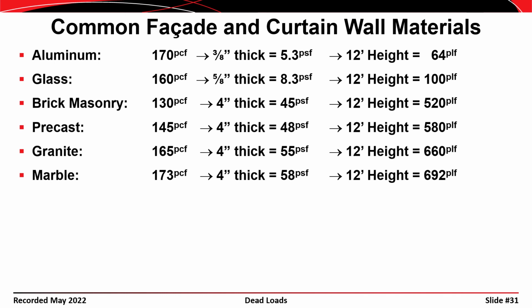Now, obviously, you couldn't have a solid granite facade. Most people like to have windows in their buildings, so looking at 660 or 690 pounds per linear foot is a bit excessive. If you cut windows in there, that would obviously reduce that weight to some extent.